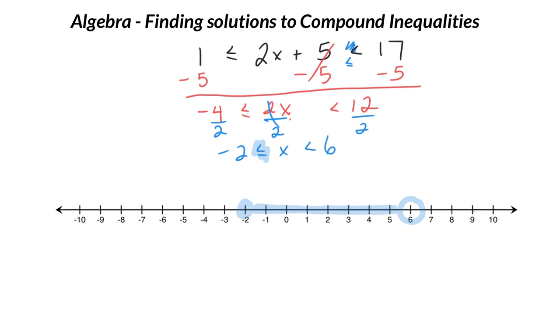These are the values that work. And you might want to check. It's never a bad idea when you're shading to pick a number. I think 0 would be real easy to pick because that's inside this solution set. 2 times 0 plus 5 is 5. That's greater than or equal to 1, and it's less than 17. So I have shaded correctly.